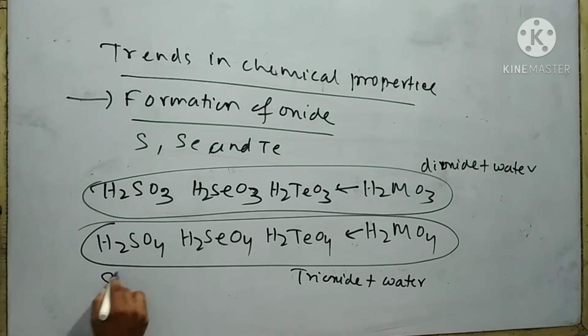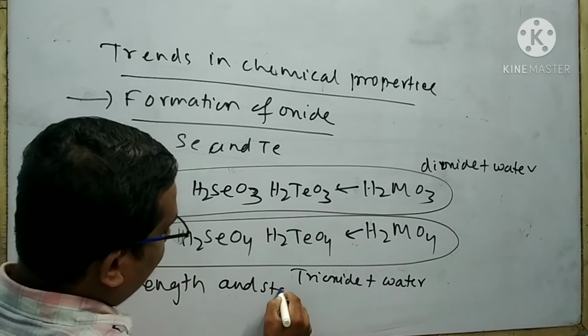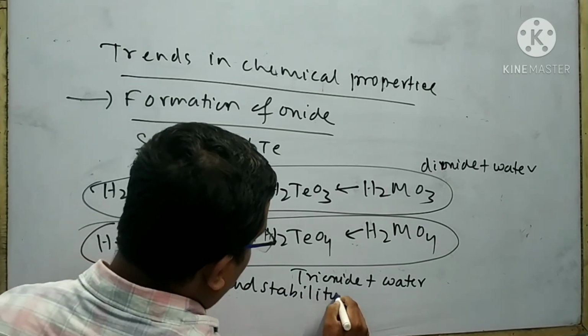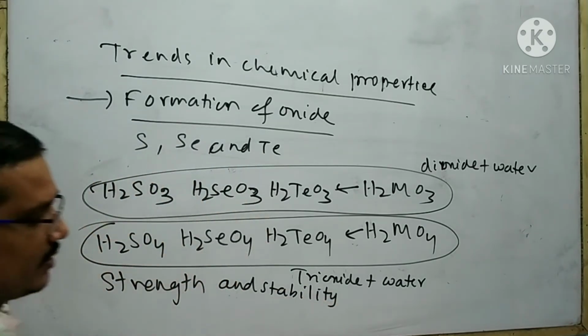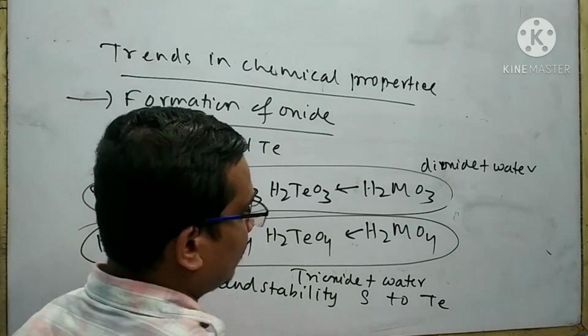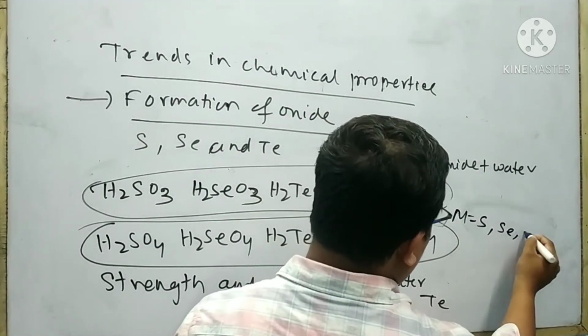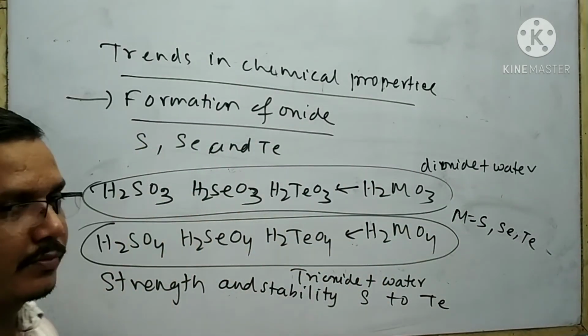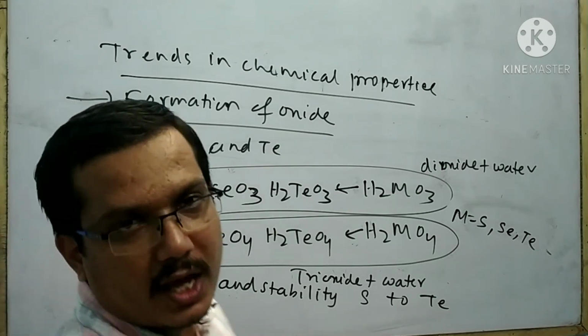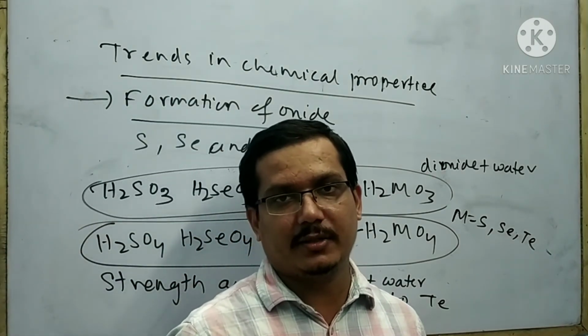The strength and stability decrease from sulfur to tellurium. Here M equals sulfur, selenium, tellurium. This is all about the chemical properties of group 16 elements.